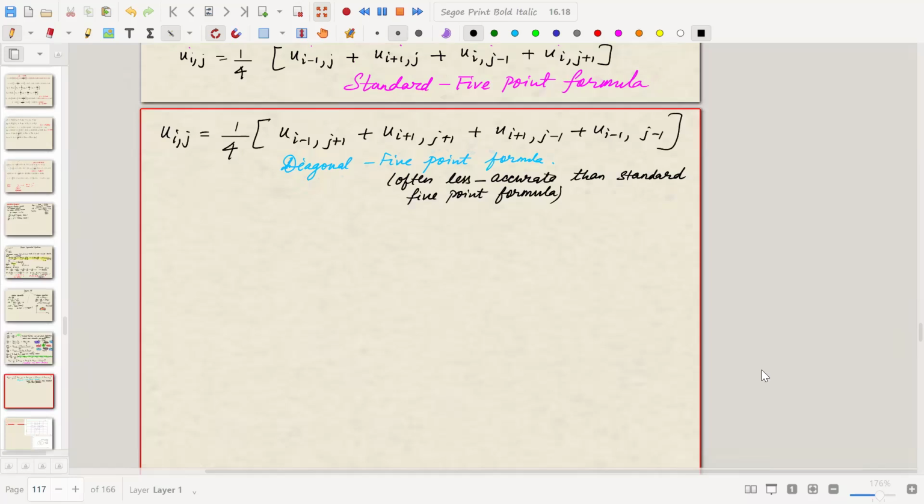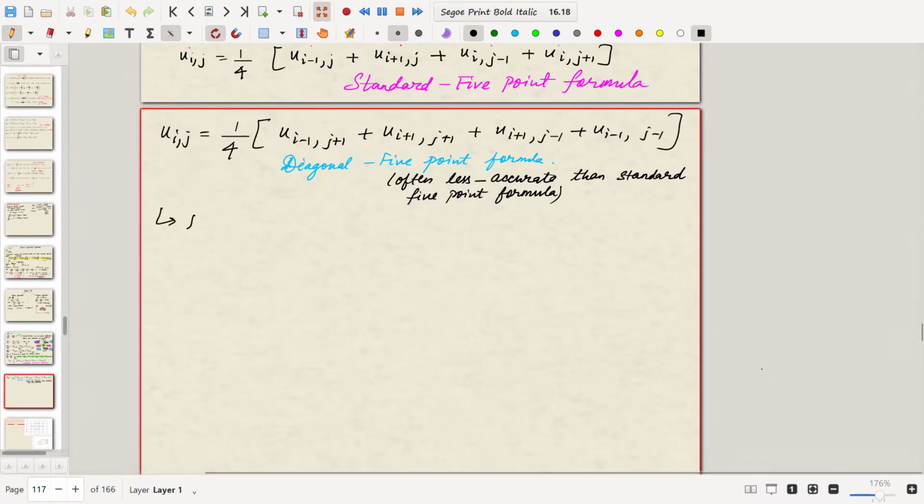There are two methods that you have already visited in last semester: Jacobi method and Gauss-Seidel method. So they will appear here again.